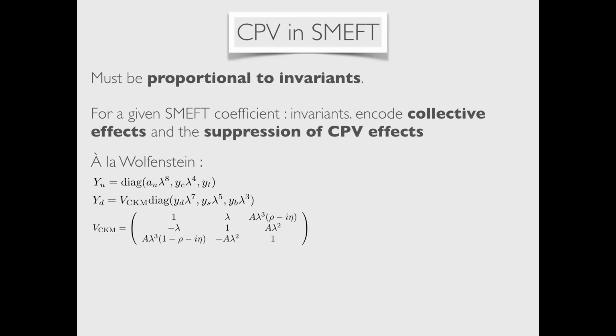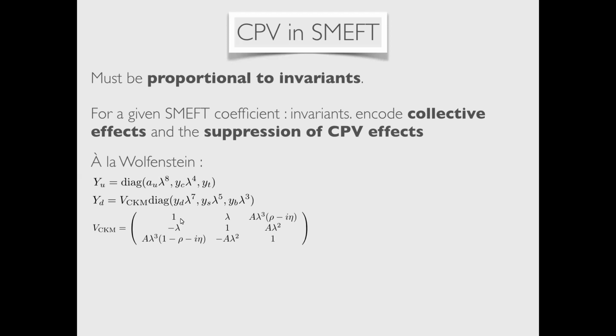So plugging in explicitly the different hierarchies in the mass spectrum of fermions and of the CKM matrix. Here you use this parameter lambda, which is small, close to 0.2, related to the Cabibbo angle, and you can estimate the order in lambda that all the different masses and all the different mixings have, based on observations.